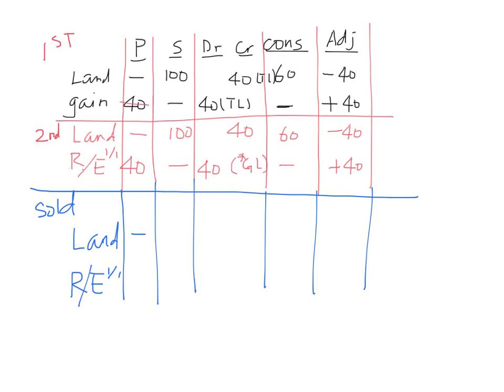It's not on the parent's book, it's not on the subsidiary's book, and the consolidated number should be 0 too, and there's no adjustment needed. But for retained earnings 1/1, the parent already acknowledged the 40 in the book, because it's already recognized on the seller's book. But from the group's point of view, it shouldn't be recognized in the previous period, so it's always 0. But this period, because we sold it, there should be a gain.